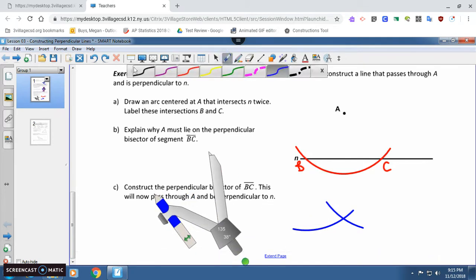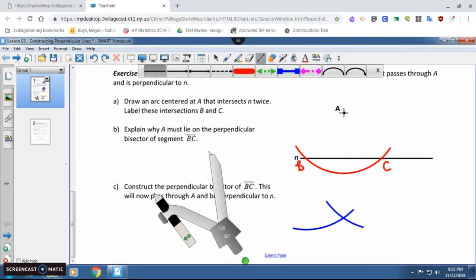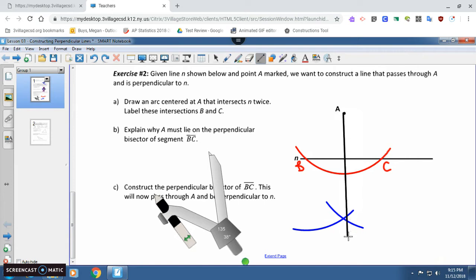So as long as there's that intersection below down here, and you have a line that passes from A through our intersection, then we're okay.